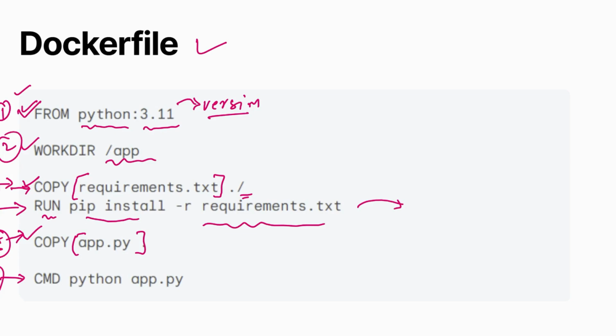So once the Dockerfile is created, you can build the image using the following command. So what we need to do, first we need to write these instructions, create the Dockerfile, and save it. Once it is created, then you can run the docker build command.